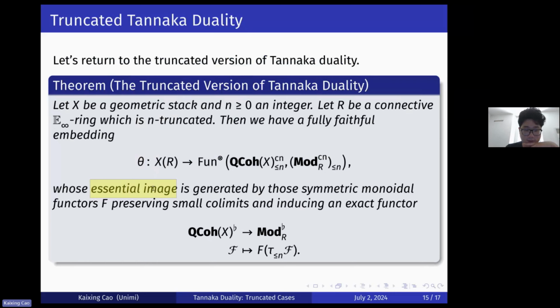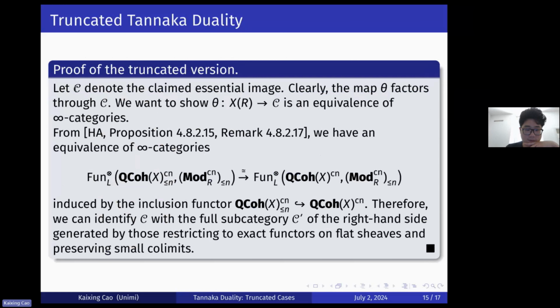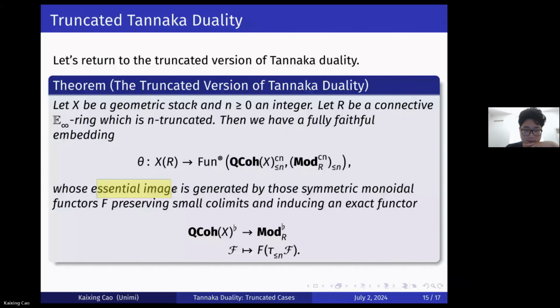So we use C to denote this essential image described here. So it's a full subcategory of this functor category on connected and truncated objects.